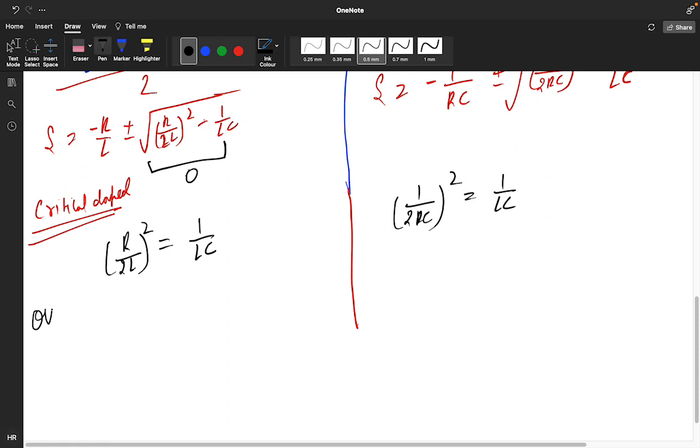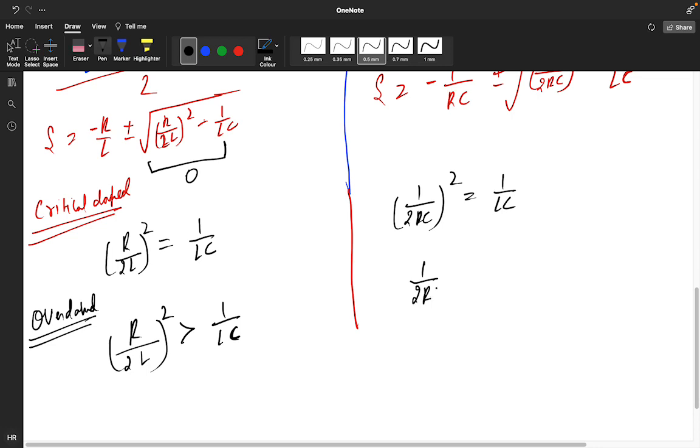And for an over damped network, R by 2L the whole square is greater than 1 by LC. And here, 1 by 2RC the whole square is greater than 1 by LC. This is for over damped.